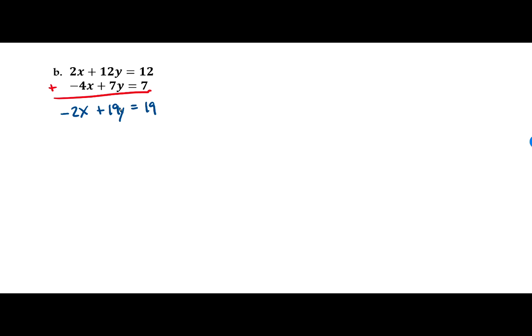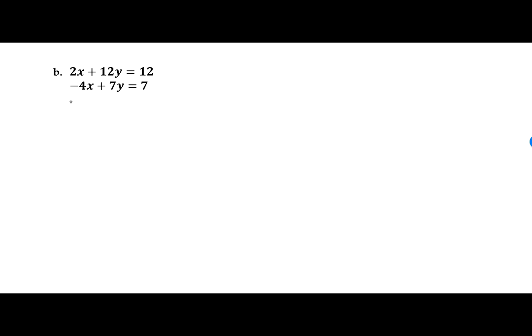So let me erase this, because the whole point of adding the two equations together is so that one of the variables is eliminated, hence the name elimination method. So with the elimination method, what you do is you multiply either one or both of the equations by whatever number you need so that you can make one of the variables equal and opposite.